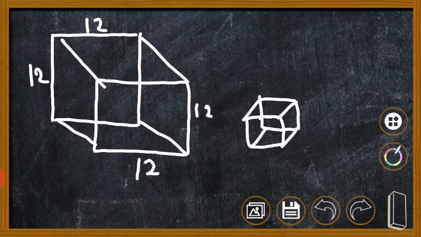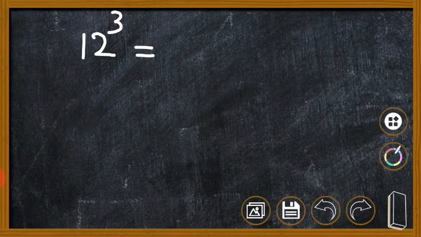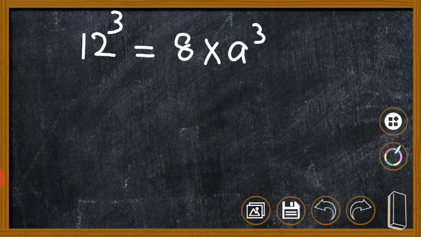So their volumes will be equal. That means volume of the big cube is equal to the volume of 8 cubes. What is the volume of the cube? 12 cube is equal to, how many small cubes are there? 8. 8 into a cube, because the side of the small cube is not given.